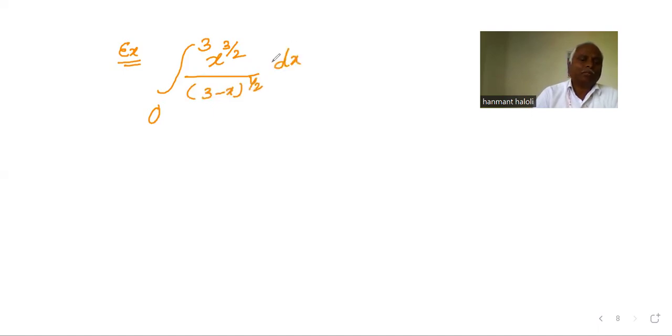Now this example you can solve with different methods. I'm solving it here with one of the important methods. We can solve this example by substituting x equal to 3t. You can put x equal to 3t.